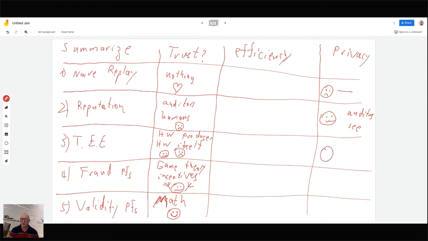Here, under the assumption that it works, I guess we're happy. It's just that we don't know if it's going to work. Here, we are unhappy because everyone needs to see all of the data. And here, again, we are happy because only the operator of the computation is the one that will see it. And we even have zero knowledge that gives us a very high grade mathematically of privacy.